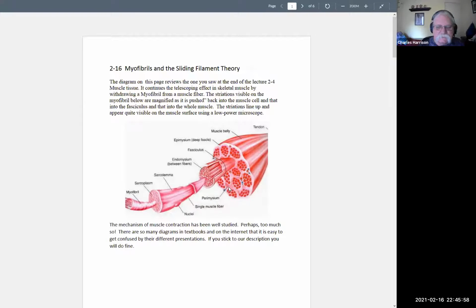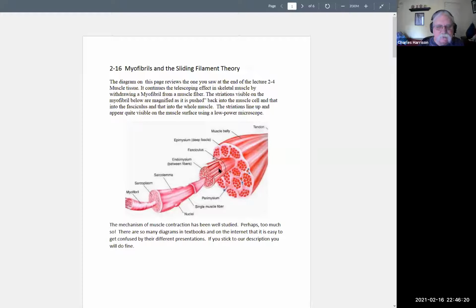Inside of the fasciculus are a number of strands. Each is called a muscle fiber. A muscle fiber is also known as a muscle cell.